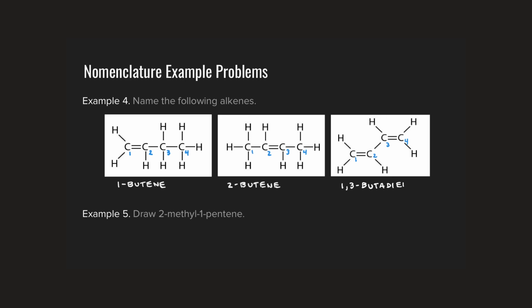The di tells me there are 2 of those double bonds which make this an alkene. So this is 1,3-butadiene.